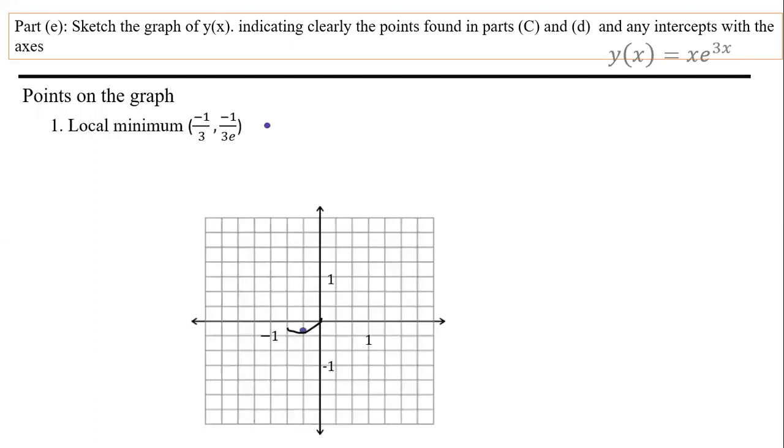Let's put them on the graph. To sketch it, we can calculate the function at minus infinity and plus infinity. And we can also put the point 0, 0 there. Our curve passes through the point 0, 0.